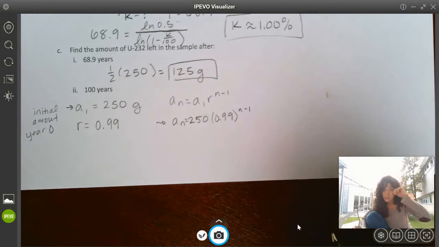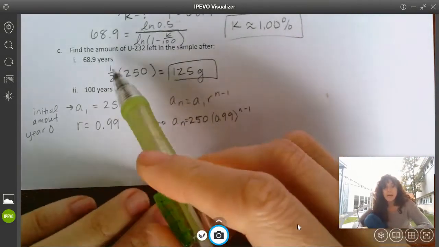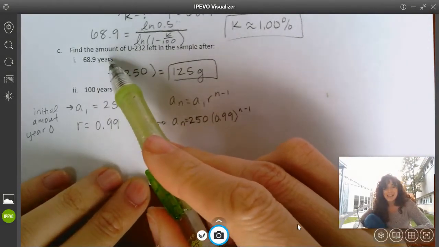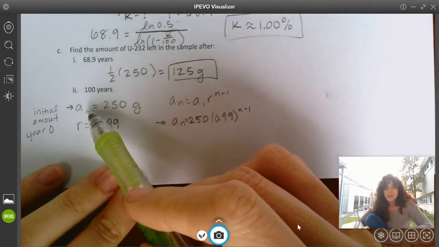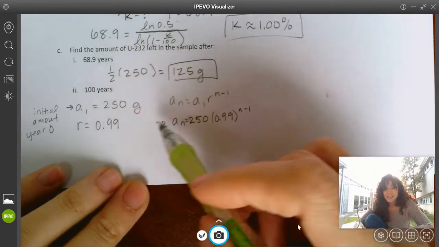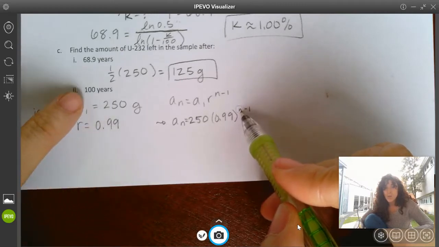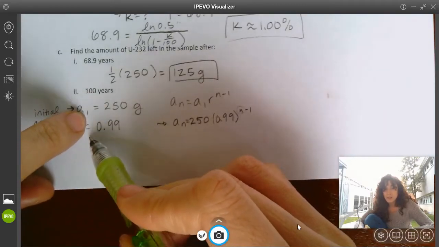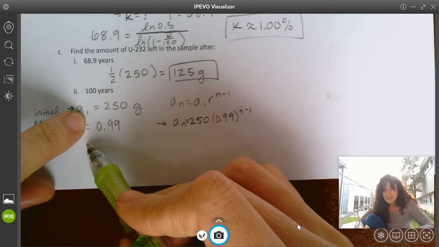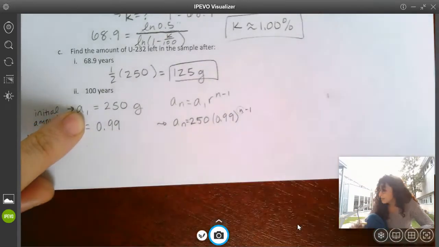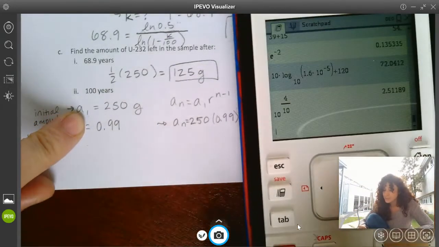So you could have done this in the problem above and said, okay, 68.9 years later, except we would have to realize that that would be not 68.9 up here, but instead 68.9 years after 1. So 69.9 up here. Let me show you. Right?